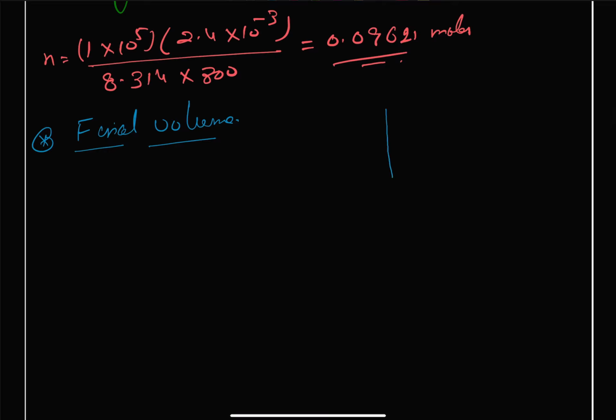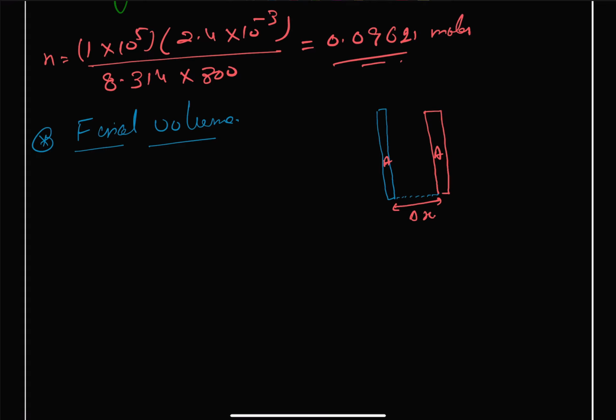Let us suppose this is the initial position of the piston, and it moves to this new position, and this distance is given to us as delta x, and A is the area of the piston that is going to remain the same.